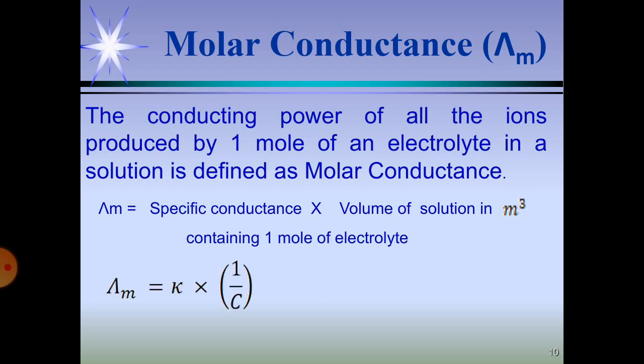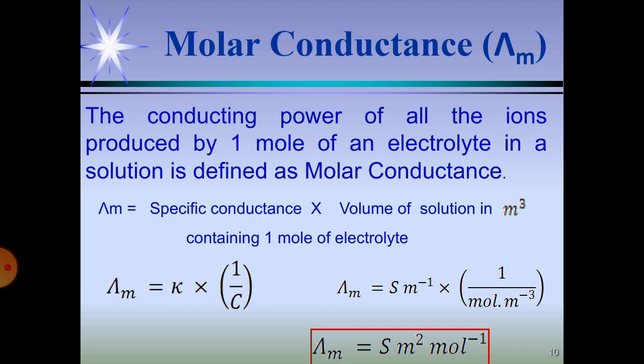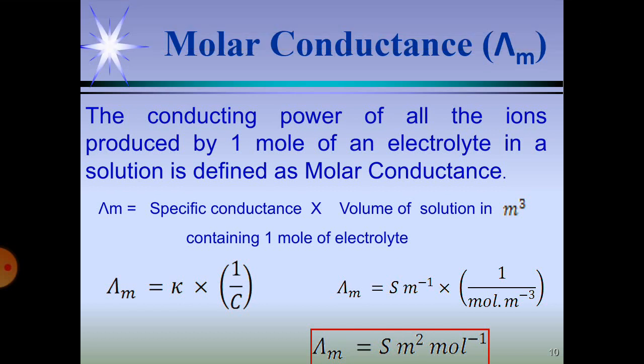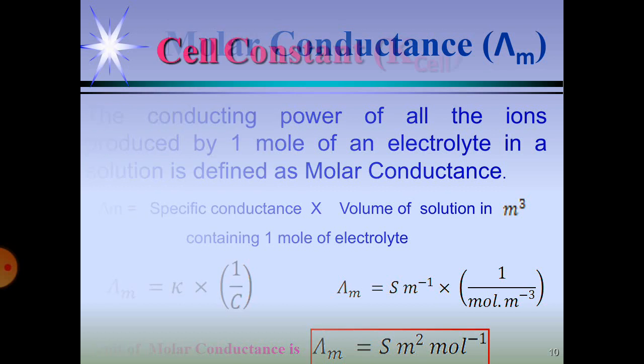Suppose I have C number of moles, then lambda m is equal to kappa into 1 by C. So to get the unit for lambda m, let us substitute the units of kappa and C. Therefore lambda m is equal to Siemens per meter into 1 by mole into meter power minus 3. So finally the unit of lambda m is Siemens meter square mole power minus 1. Therefore the unit of molar conductance lambda m is Siemens meter square per mole.